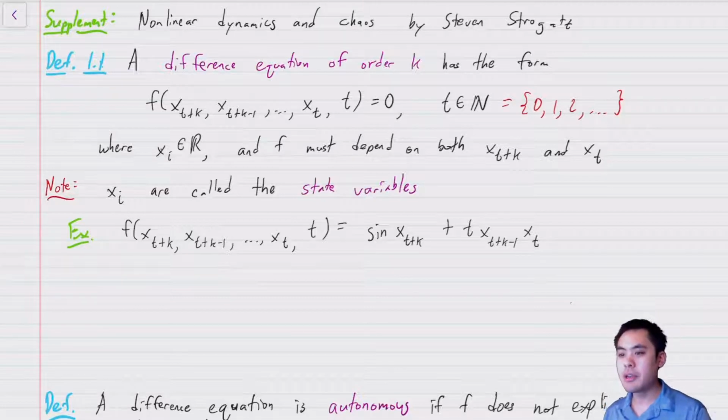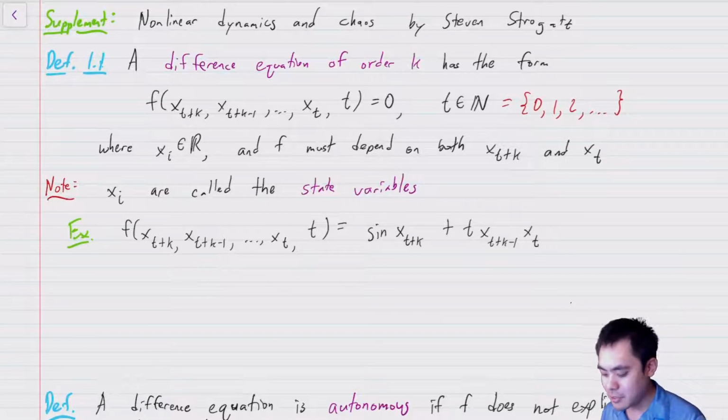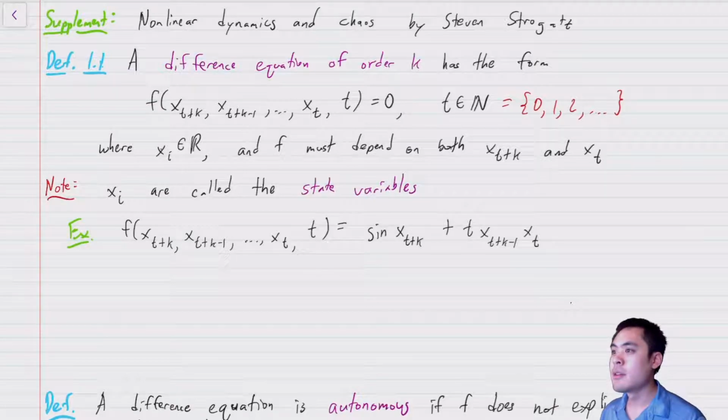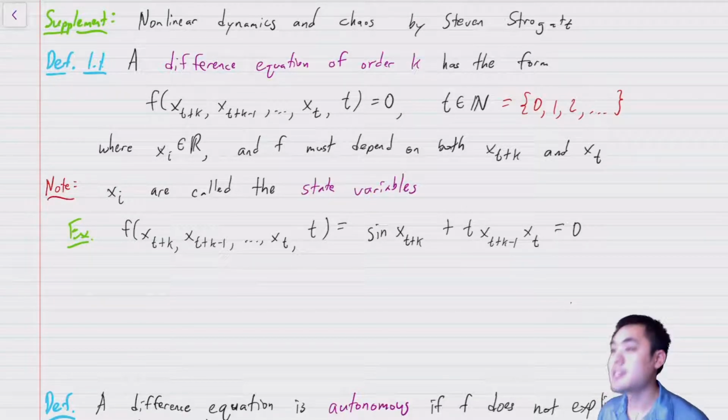So now, that's clearly a function of the correct form. It depends on some subset of the variables x sub t plus k through x sub t and t. And if we now set this equal to 0, then this is now a difference equation of order k.